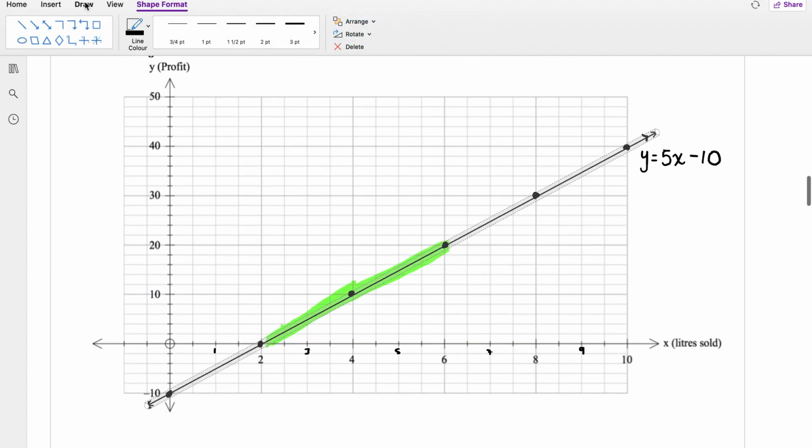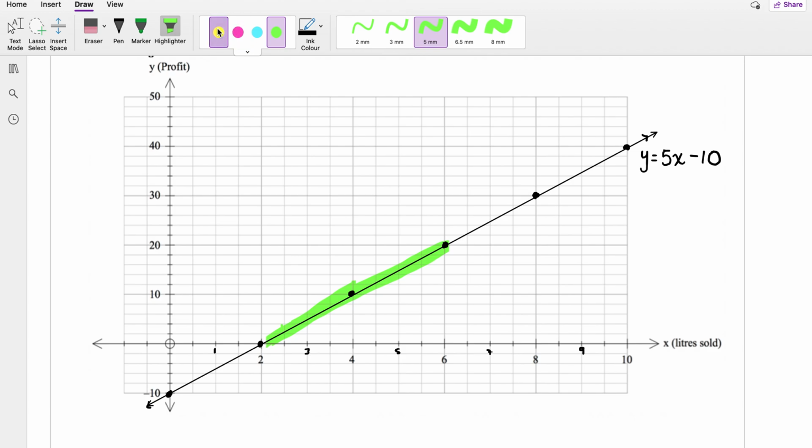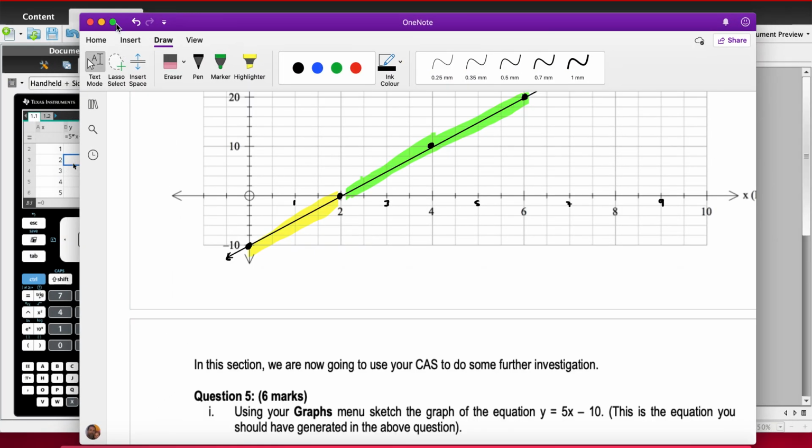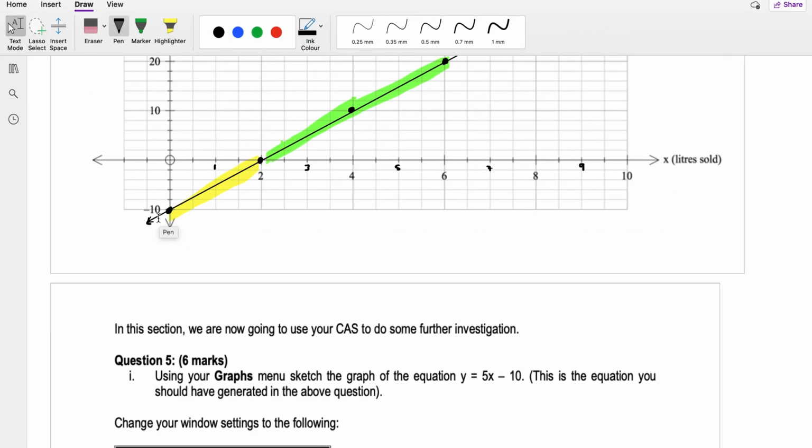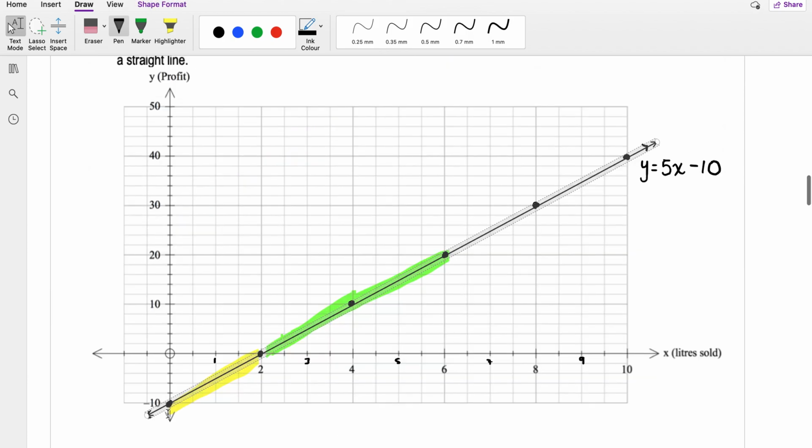Now, I was saying this green part is profit, this yellow part is loss. Actually, I just realized something. My graph doesn't make sense when it goes into negative liters. Can I sell negative liters? Actually, I can't. So it has to stop here.